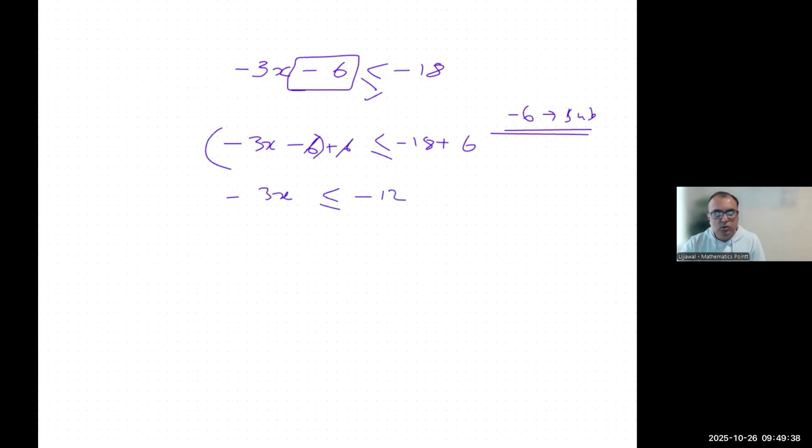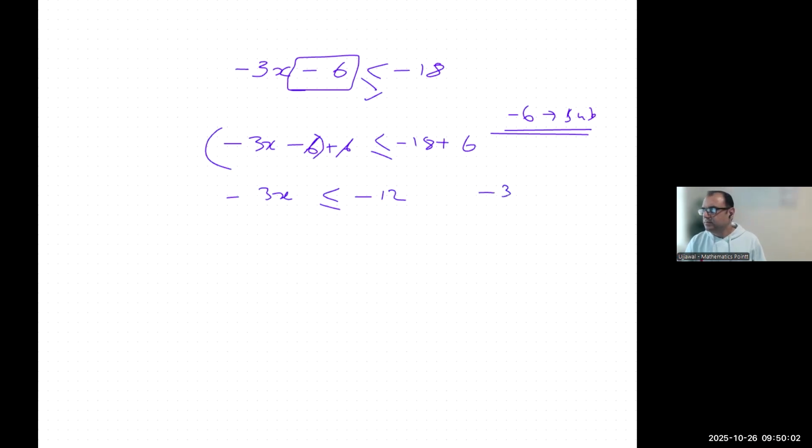Now, next question to you. What exactly should I get rid of now, next to the x? A negative 3. Good job, because that's the only number that's sitting with x. So I've got a negative 3.